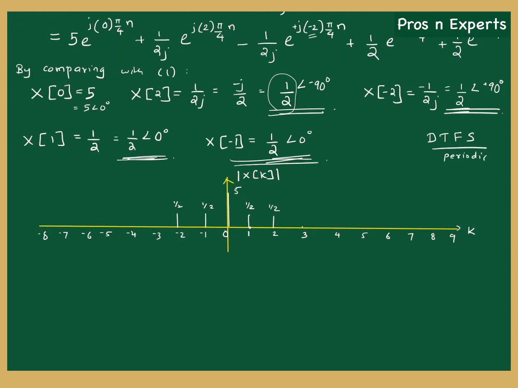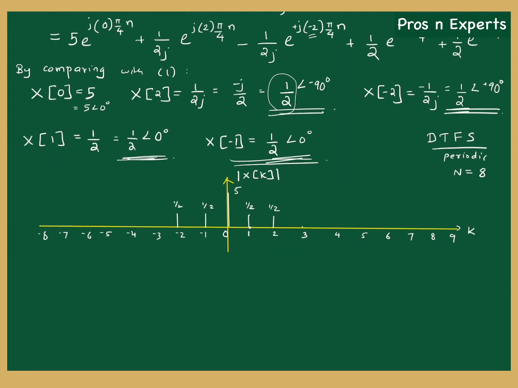That means whatever we have plotted here repeats at regular intervals, at a period equal to the time period of the signal, which we initially calculated as n equal to 8. So this plot repeats itself after every 8 samples.